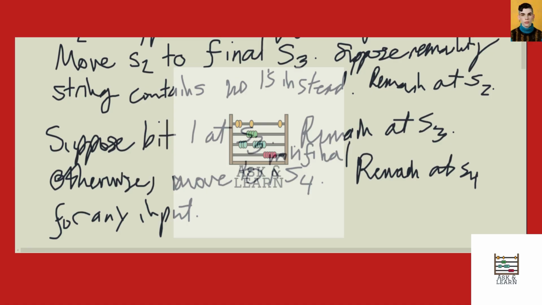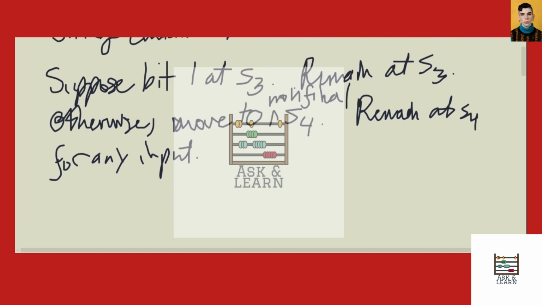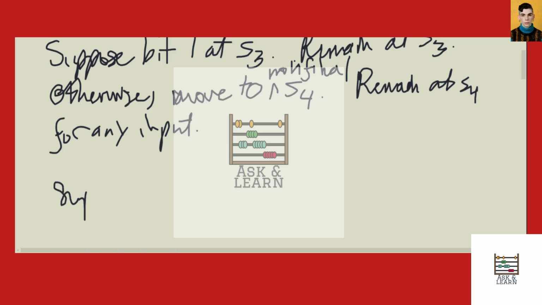Now, suppose that the string at the very beginning starts with a 1. Then we see that the string should not be recognized, and so we want to move to a non-final state.